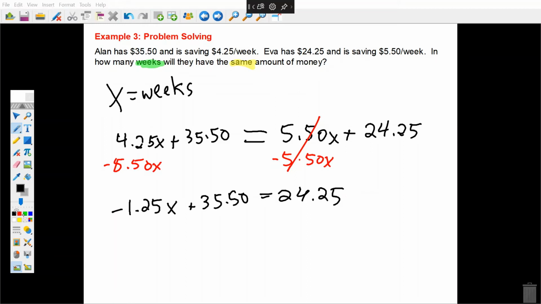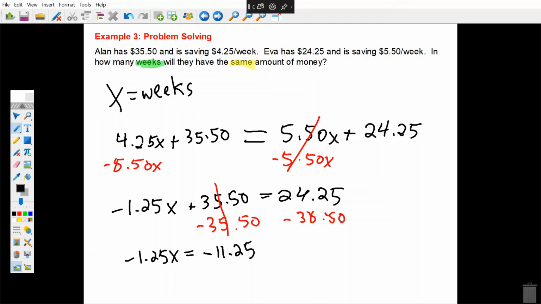Next, we're going to start to isolate the variable by moving the 35.50 to the other side. 24.25 minus 35.5 is negative 11.25.